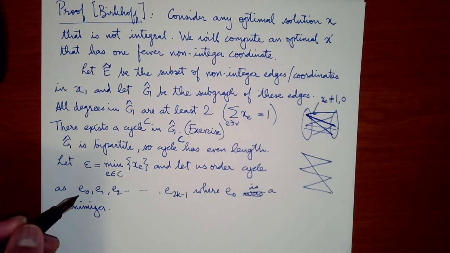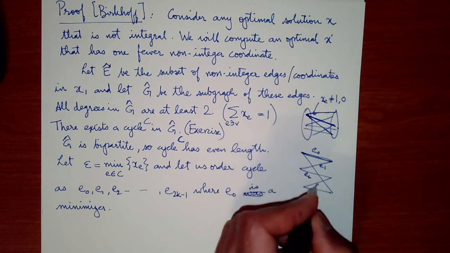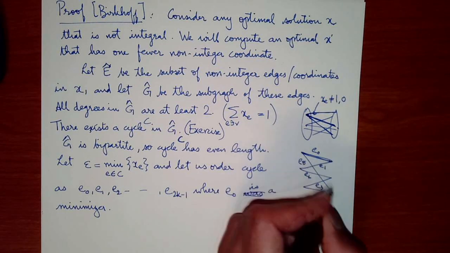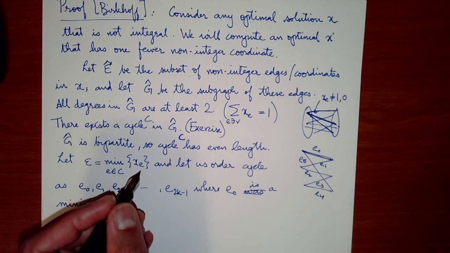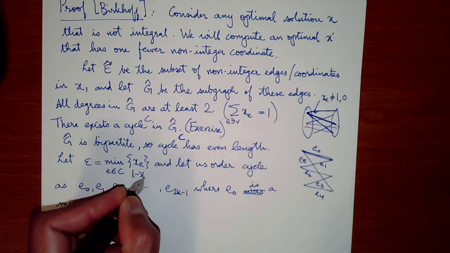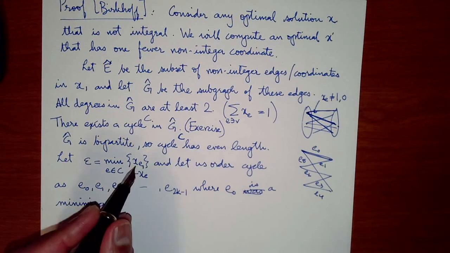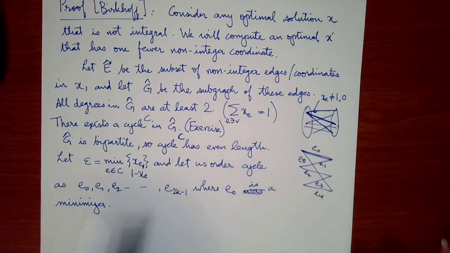So I pick some minimizer and call it e0, next is e1, then e2, e3, e4, and e5. I number all of these this way. Technically, sorry, I should look at the min over xe and 1 minus xe. I look at this minimum over all the edges, and e0 is a minimizer.